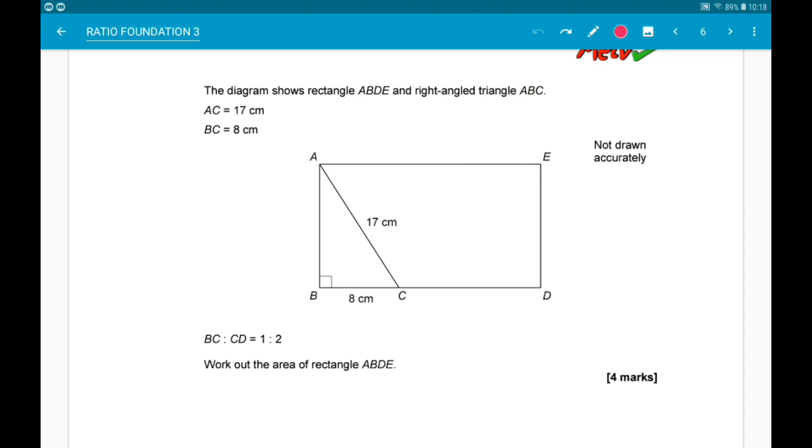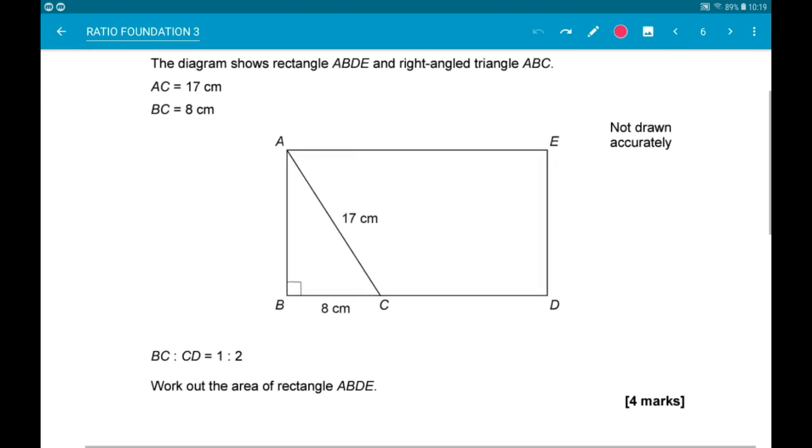Now we're told along the bottom, BC to CD is 1 to 2. So what that means is that CD is twice as long as BC. So, given that BC is 8, CD is 16.